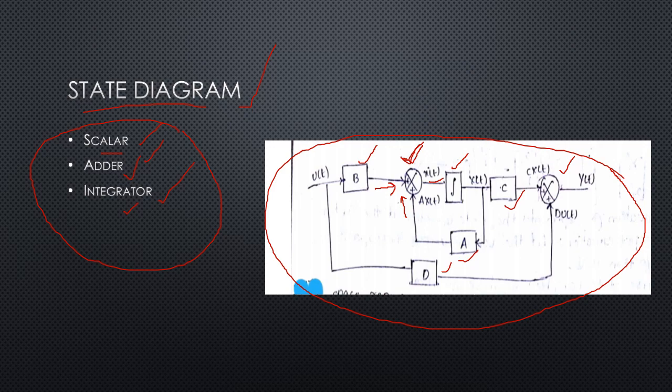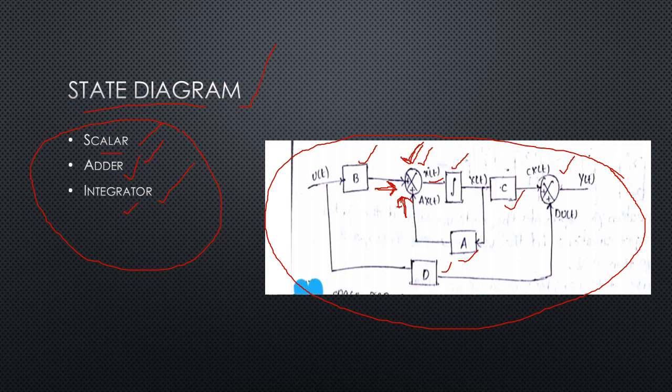By taking B into u of t and A into x of t as incoming signals, the first adder produces x dot of t as output. So x dot of t is equal to A into x of t plus B into u of t. That is nothing but the state equation of the system.